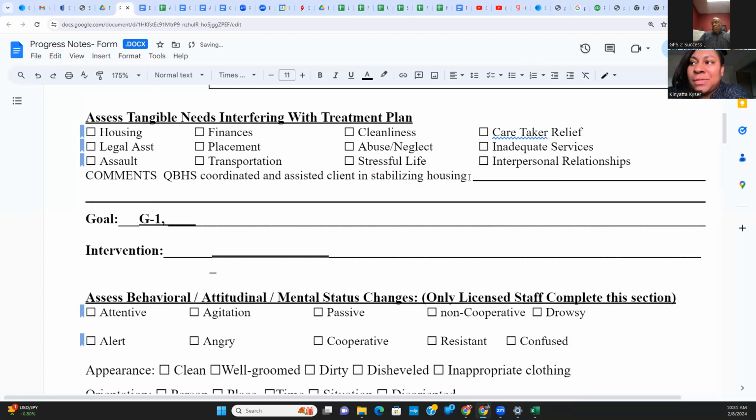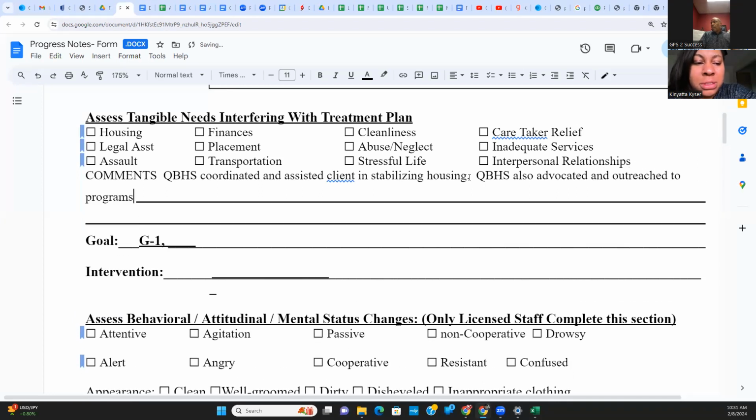QBHS also advocated and did outreach to programs to prevent eviction or loss of housing.